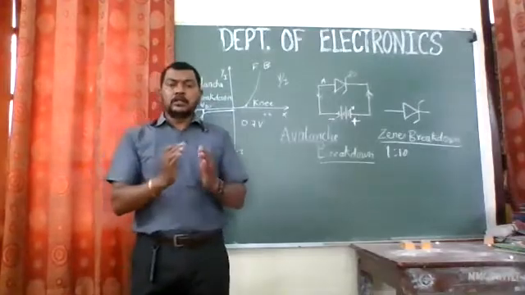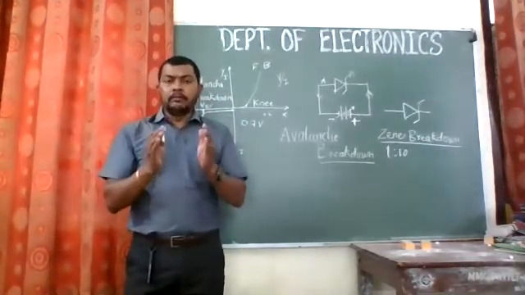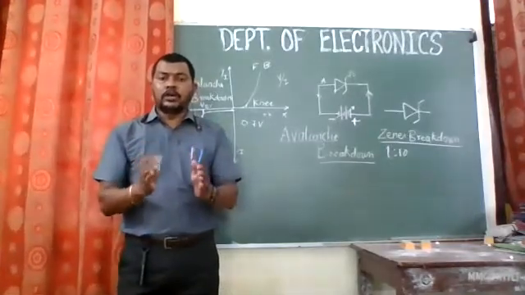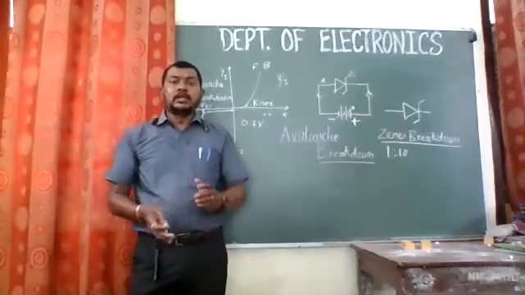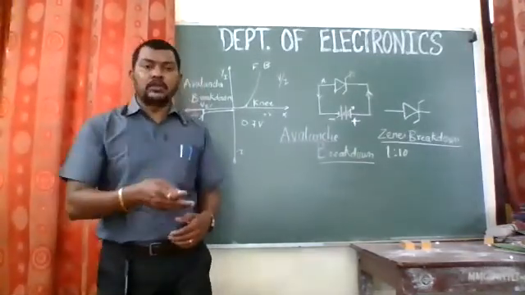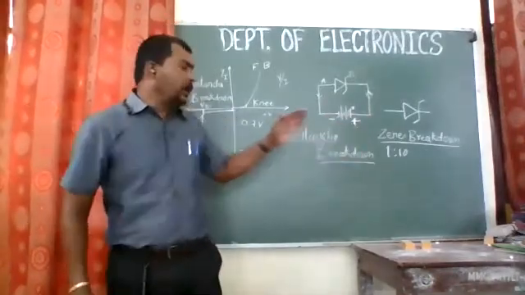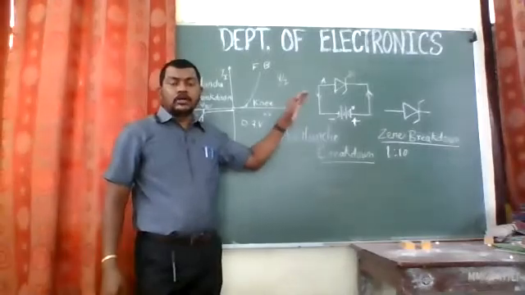How does it break? All the covalent bonds of the neutral particles make themselves free, or are broken at a time. As soon as they are broken, a huge reverse current flows through the diode, and that is how we call it the reverse breakdown of a Zener diode.